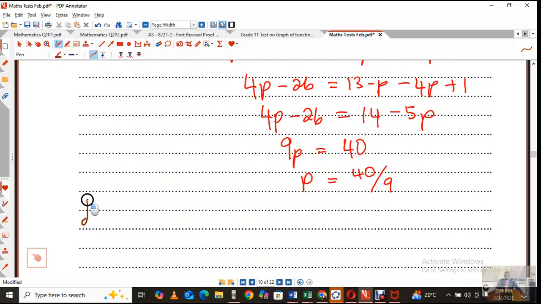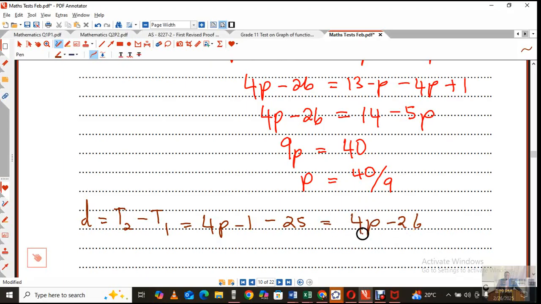Our d is calculated by taking, for example, term 2 minus term 1. Term 2, from our work there, was 4p minus 1. This whole thing represents term 2. If you subtract the first term, which is 25, we know that this was 4p minus 26, right?